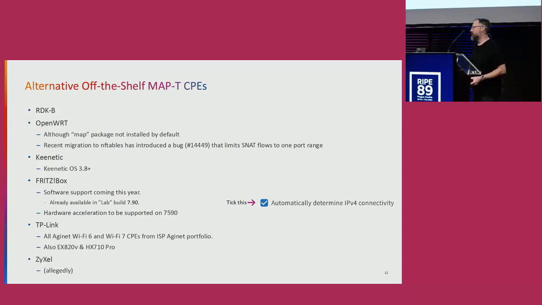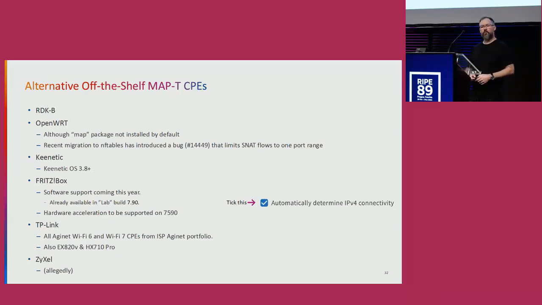One of the complaints I hear from other operators who are interested in MAP-T is there's a lack of MAP-T support on CPEs. We were lucky enough to build an in-house device using the open source RDK-B, but OpenWrt, despite the issue I mentioned before, is also a very great solution. As I mentioned, the map package isn't installed by default, and there's also a recent bug introduced by the migration from iptables to Netfilter, which I'm sure they'll fix at some point.